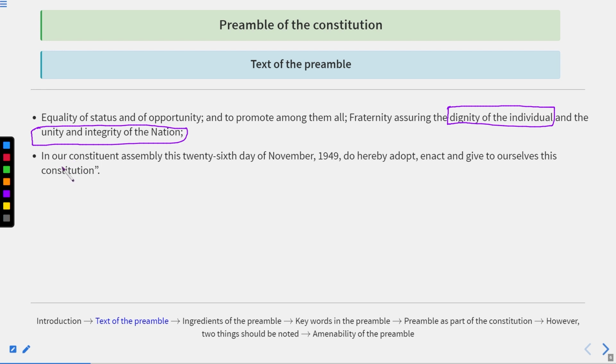All right, in our Constituent Assembly, this 26th day of November 1949, do hereby adopt, enact, and give to ourselves this Constitution. All right. So remember this thing. Like, however, on 24th November 1949, all right, the Constitution was adopted.